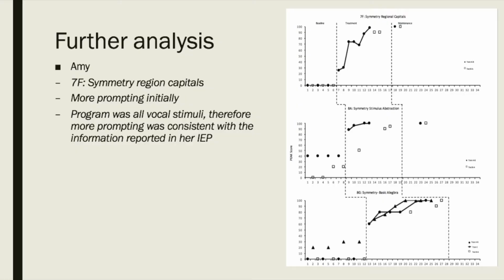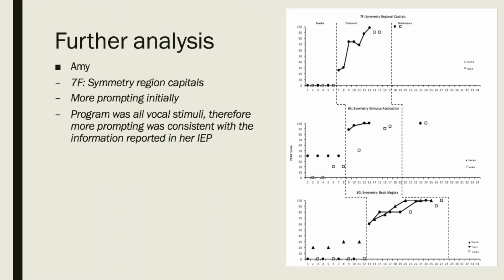Overall, the results from the study demonstrate that the skill of derived relational responding was emerging across all of the individuals post-intervention. For some further analysis, Amy, specifically when working on the symmetry region capitals, needed more prompting initially, and this program was all vocal stimuli, which was consistent with what her IEP had stated.